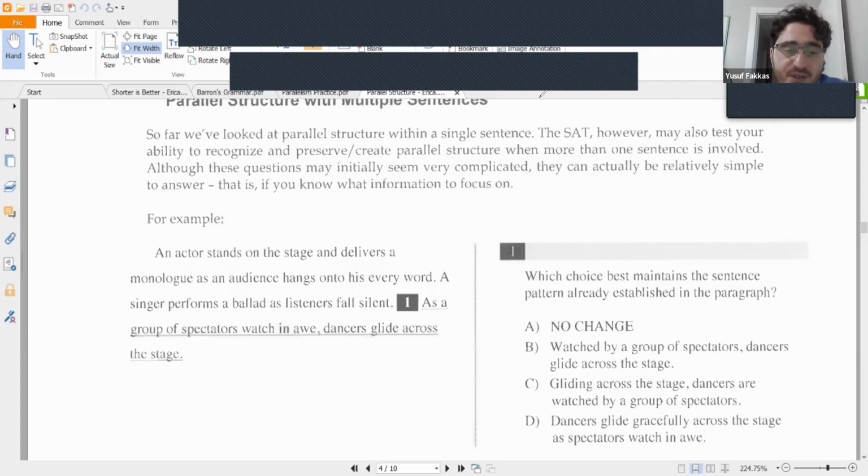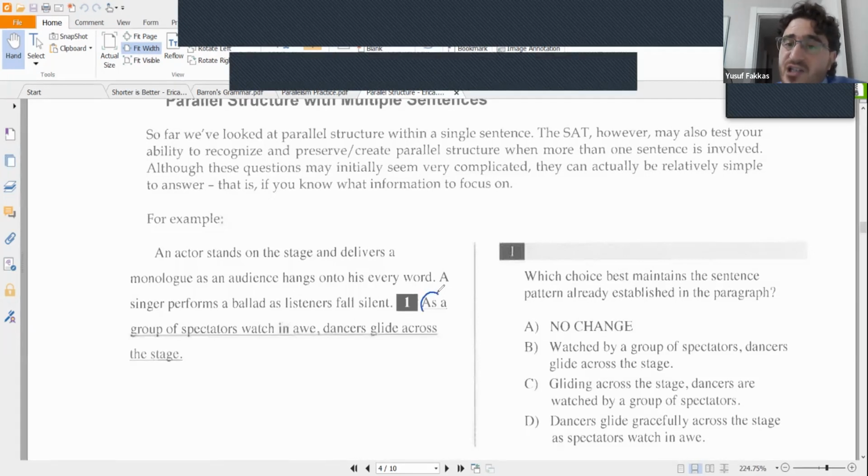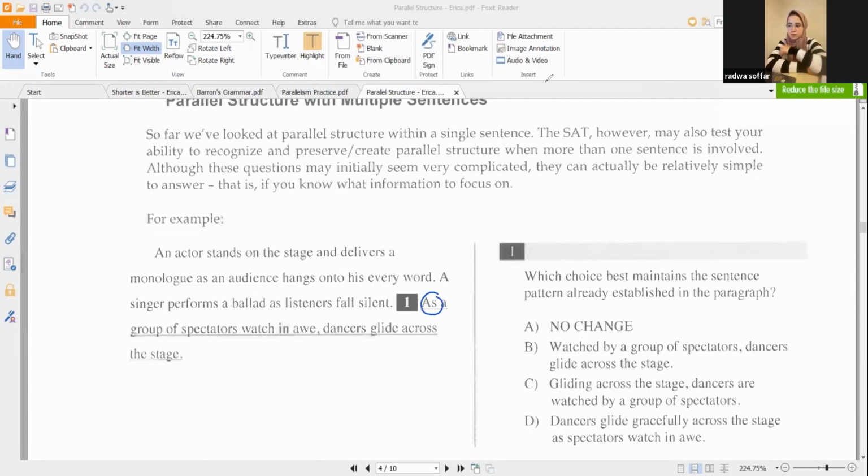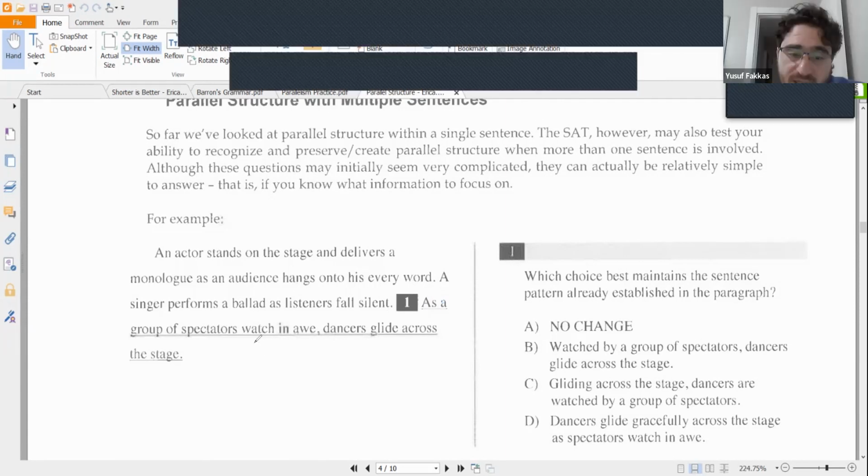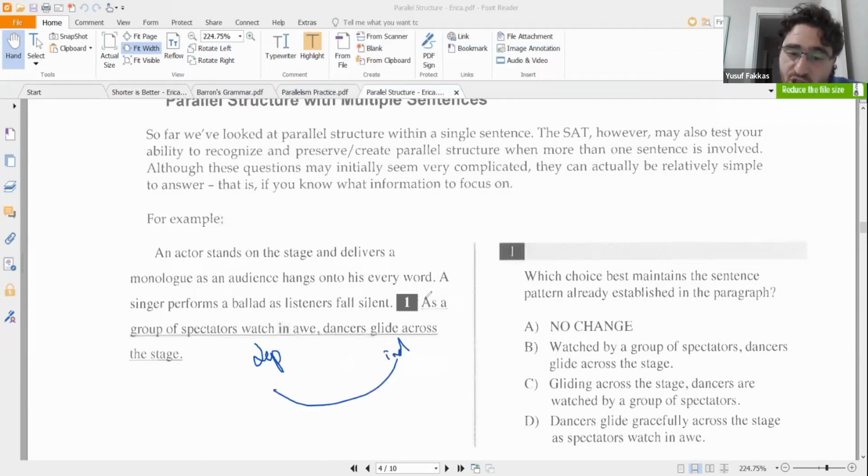As a group of spectators watching awe, dancers glide across the stage. Does that have the same structure? No. Actually, it is a complex sentence, and it has the subordinating conjunction as. They just changed the order. They started first with the dependent and then with the independent. But we should switch. All right, let's look at B. Watched by a group of spectators, dancers glide the stage. Does that give me the same structure?